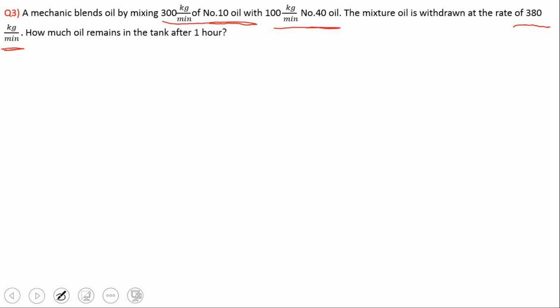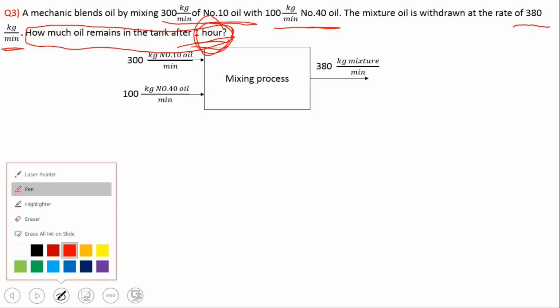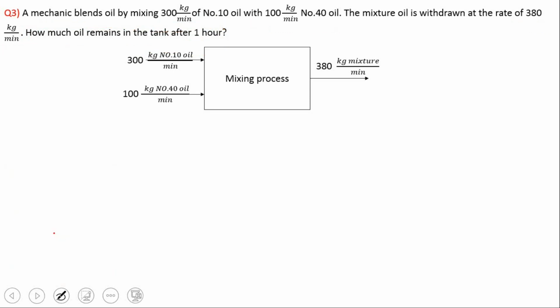How much oil remains in the tank after 1 hour? The question is asked in hours, and all the flow rates we have are in minutes. So here is the system diagram.